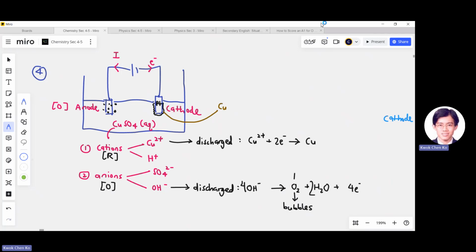Copper, obviously, the color you have to remember. If copper is pure, it's pink actually.